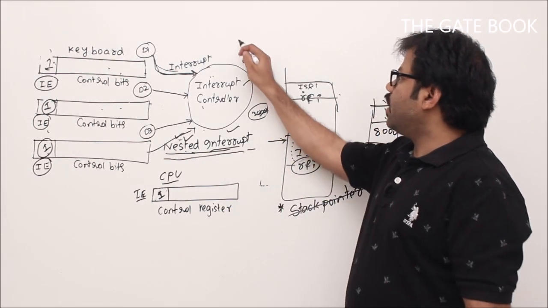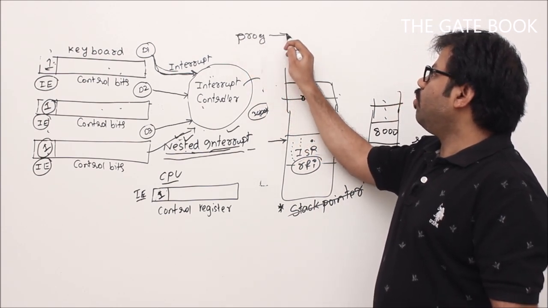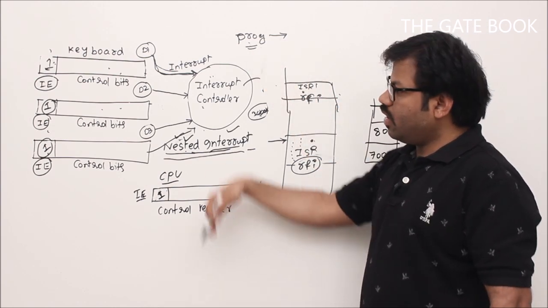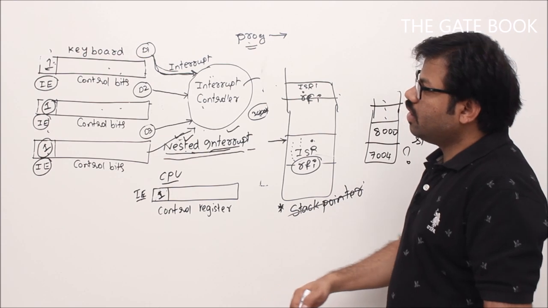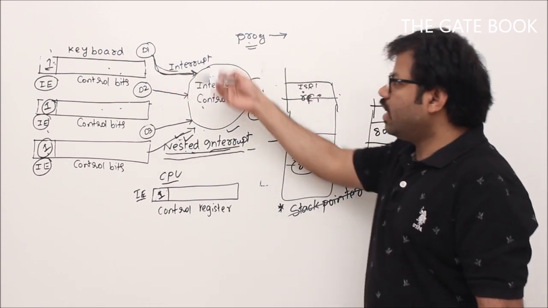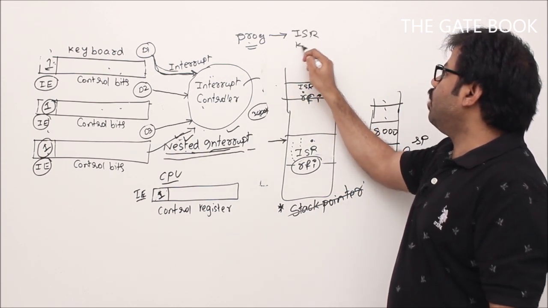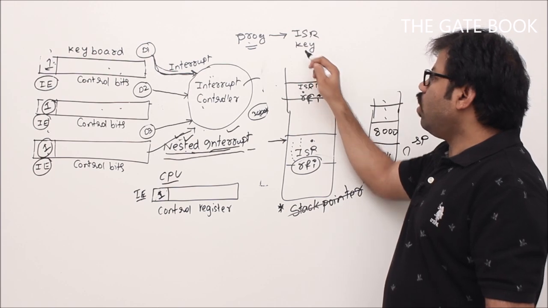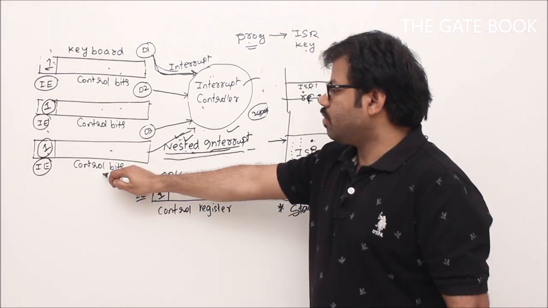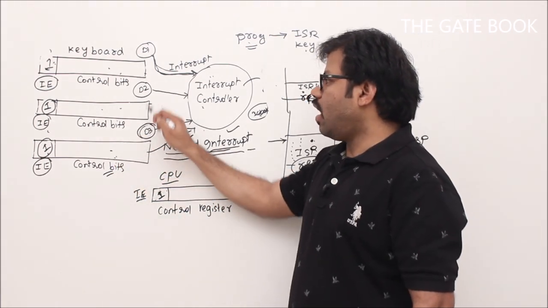Let's say I'm executing a program, and that program wants interrupts from every device. Then suddenly the keyboard gave an interrupt. Now I'm executing the interrupt service routine of the keyboard, but the keyboard only wants interrupts from this one register, which device? D3, not from D2, sir.